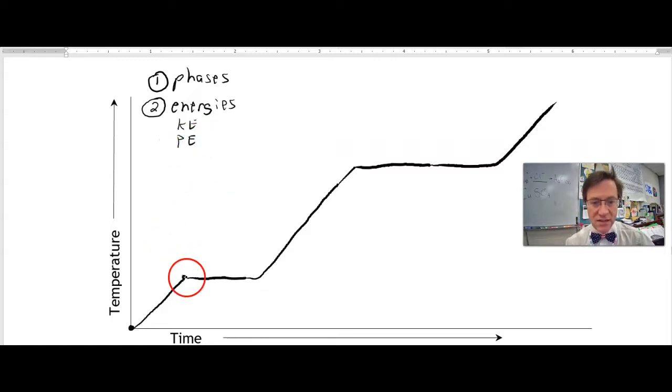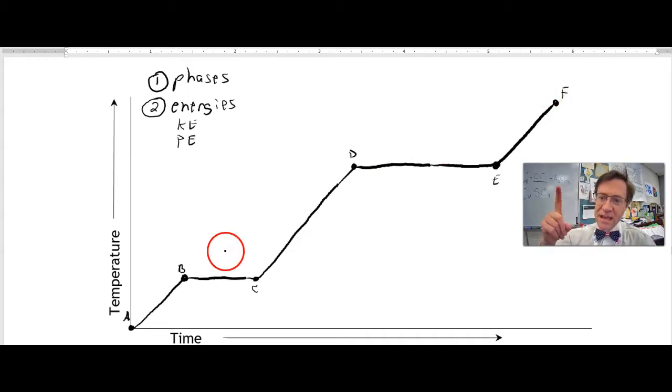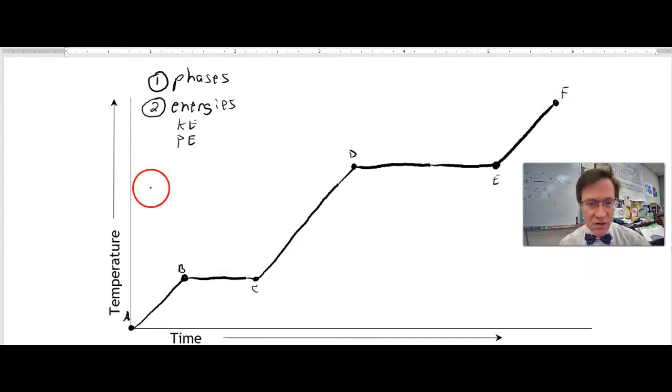For each segment of this graph. And this is what they often do: at these junctures, they'll give them numbers or letters. So I'll call this A, I'll call that B, C, D, E, and I'll call that F. And for each one of these, we need to know the phase, and we need to know what's happening with the energy. So let's start with the energy.